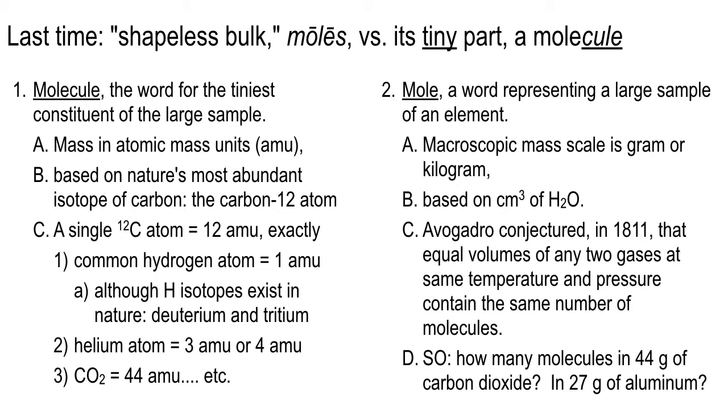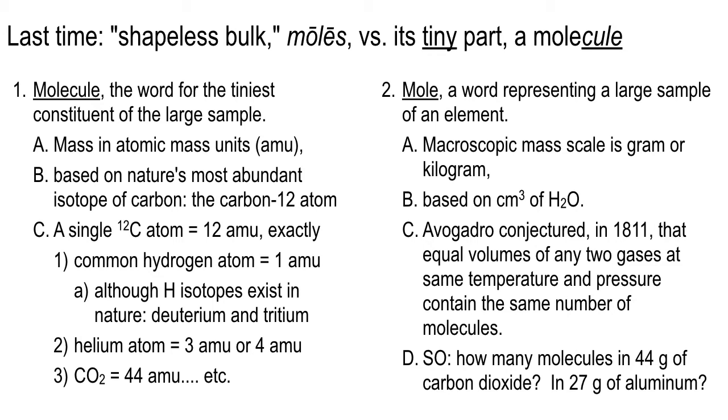So if instead of atomic mass units I use grams, how many are there in 44 grams? It should be a whole number. So if the exact mass is 44, then 44 grams ought to be an exact whole number of molecules.